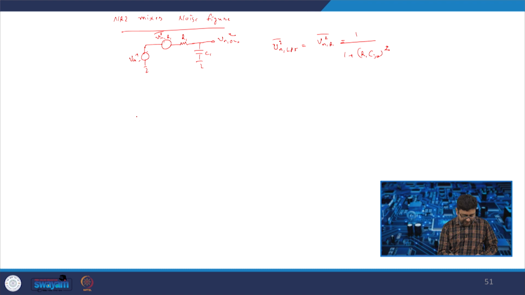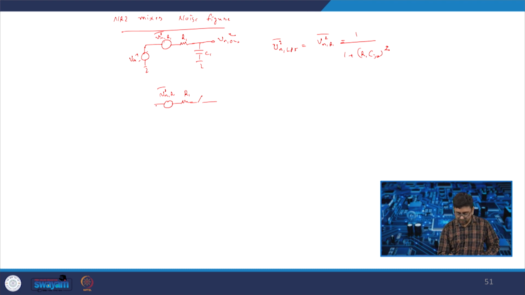So here in the second you can see that this noise is going to switch because of this switch.